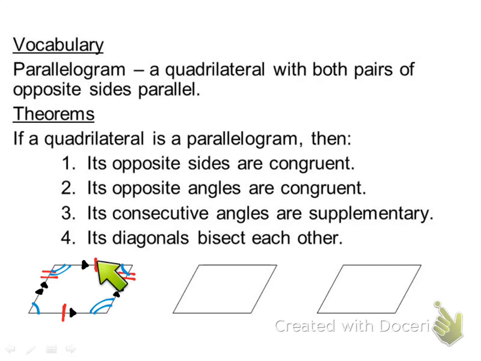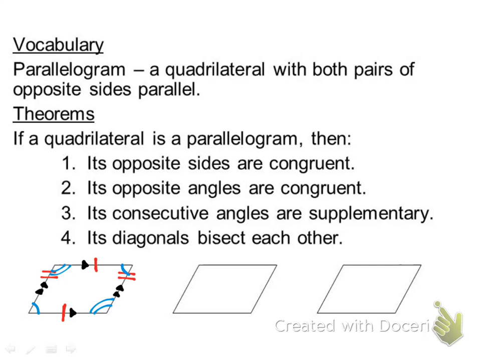So if this one is 4, this one's 4. If this one's 100, this one's 100. If this one's 95, this one's 95. They're always the exact same thing. Same for the angles. These angles are going to be the same, and these angles are going to be the same. Alright, so that's the first 2 properties and the definition all covered in one diagram.